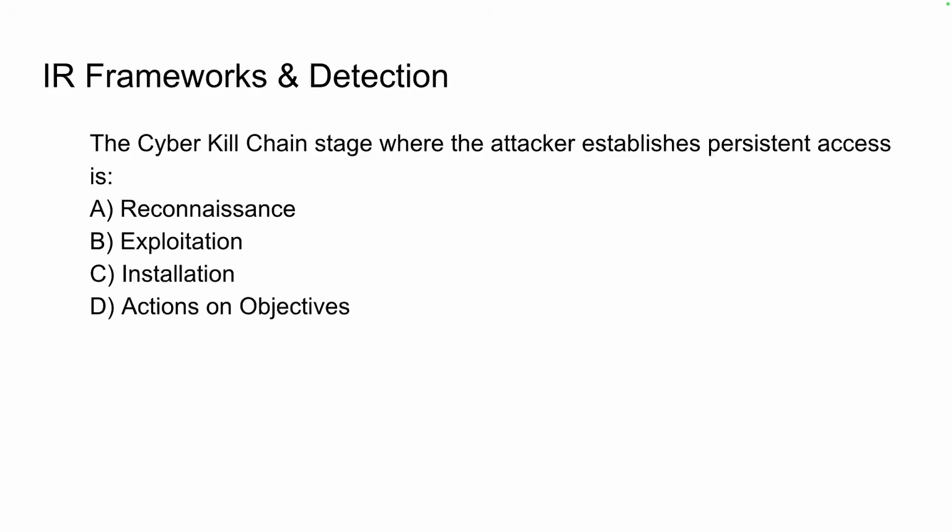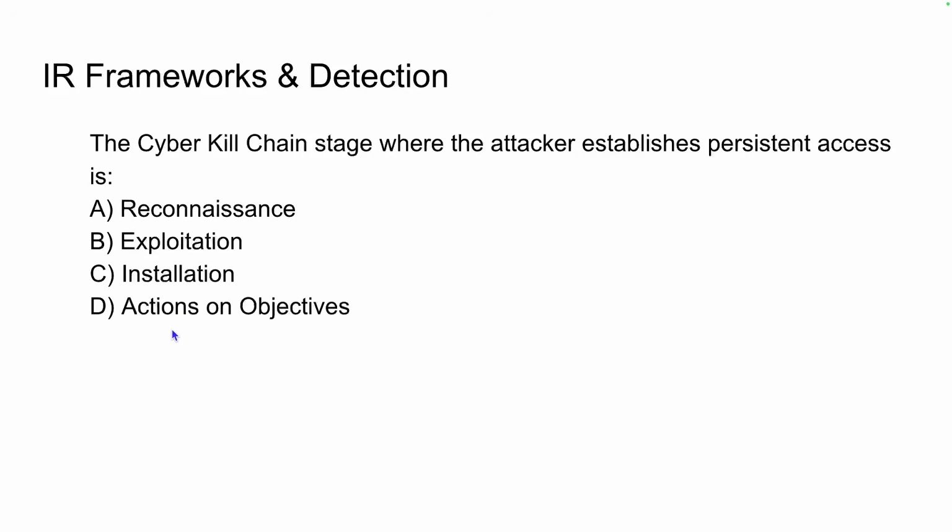The cyber kill chain stage where the attacker establishes persistent access is. So it's not reconnaissance, because that's the very first one. It's not exploitation, and it's not actions on objectives. I think it would be through installation where they would establish persistent access.